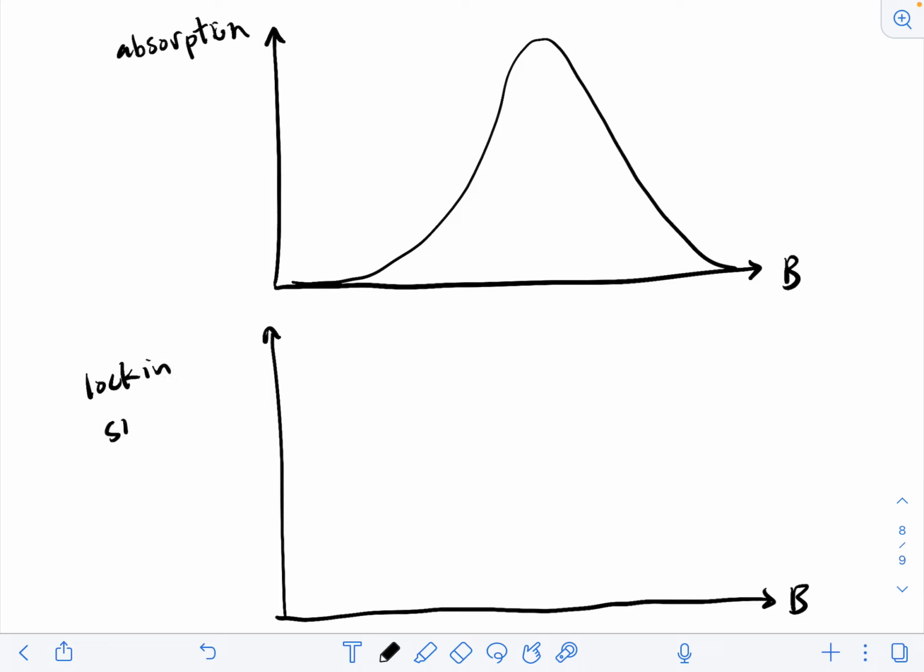Okay, so a couple things we saw. Sorry, before I start, I need to shift my axis here. I'm going to put this magnetic field axis in the bottom plot in the center.